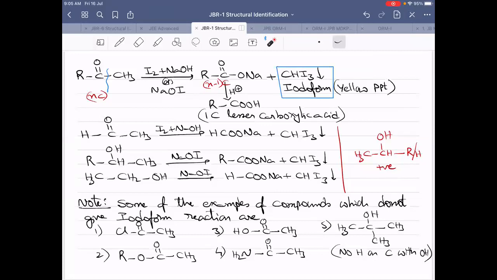Vikas's doubt is whether acetyl is used when there are two carbons. Yes, there are two carbons. That too, CH3 C double bond O, like a methyl ketone.